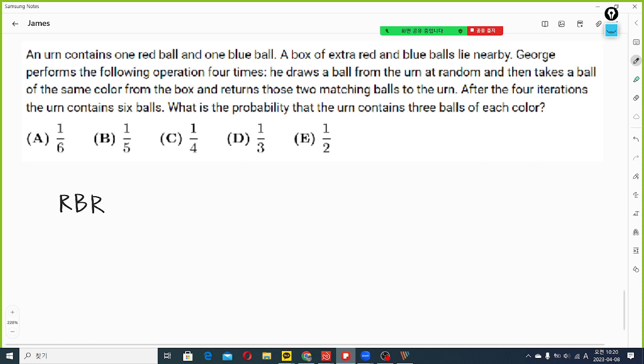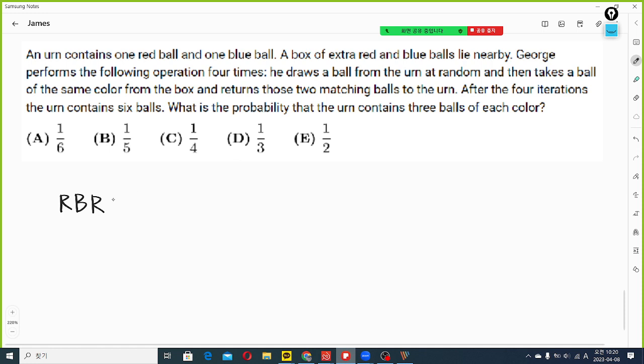And when we make these four attempts, we want to find a probability that both colors have the same number of balls.